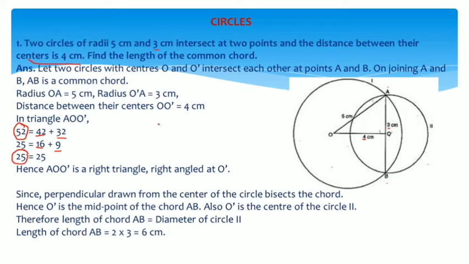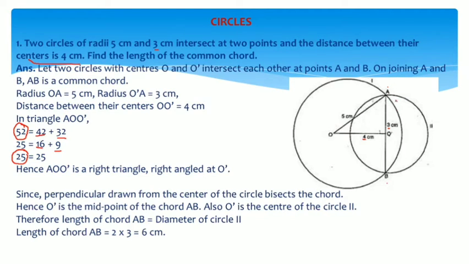And we know that if in any triangle the square of one side is equal to the sum of the squares of the remaining two sides, then that triangle satisfies the Pythagoras theorem, which is applicable to a right angle triangle. So the triangle formed by these three sides, 5, 4 and 3, that is triangle OO dash A, is a right angled triangle.